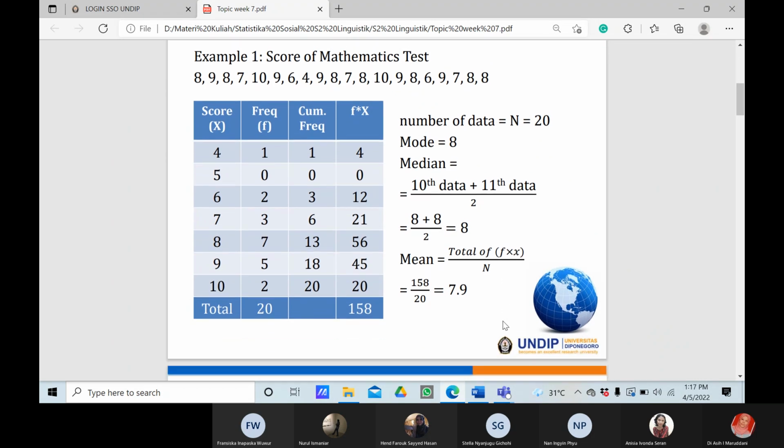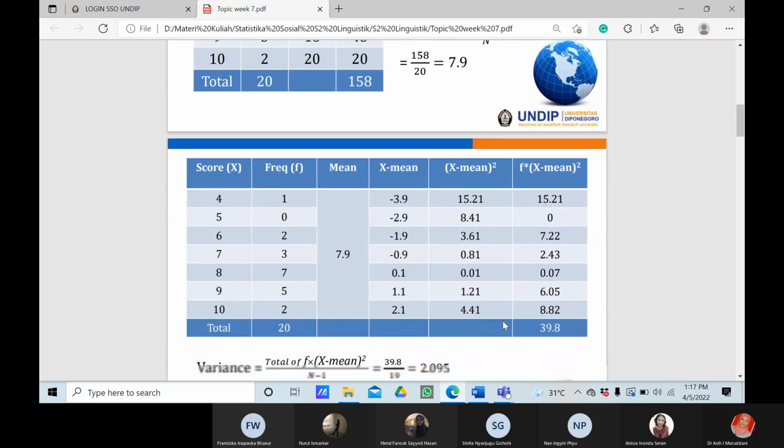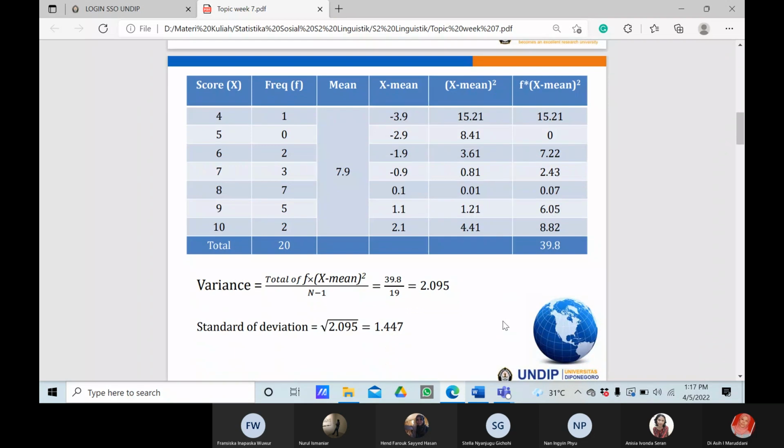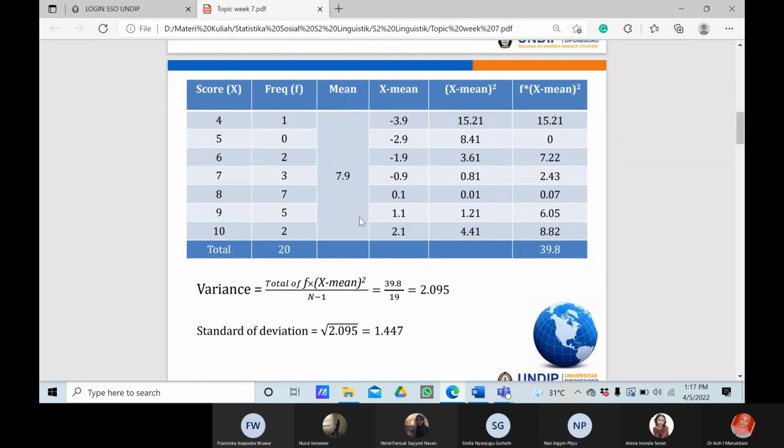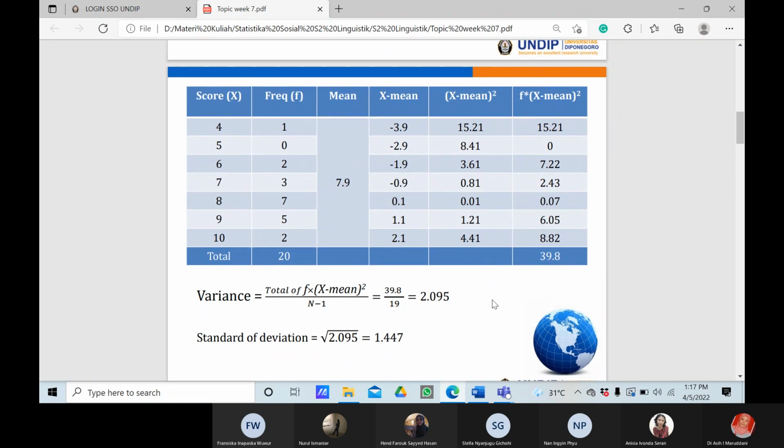Okay. I want to continue with the frequency distribution, which is presented. Oh, very sorry. I will continue with the variability measurement, variance, and standard deviation.